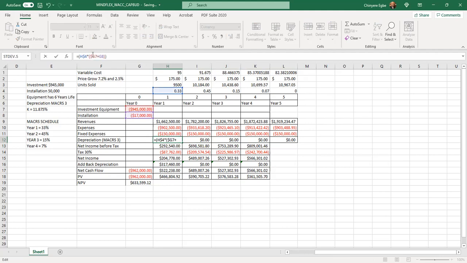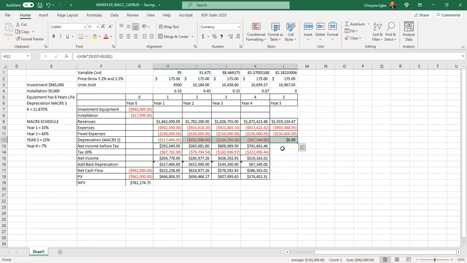The last year has zero depreciation, and so you have your net income. Then you have your tax rate, which is 30%. And then you have your net income.